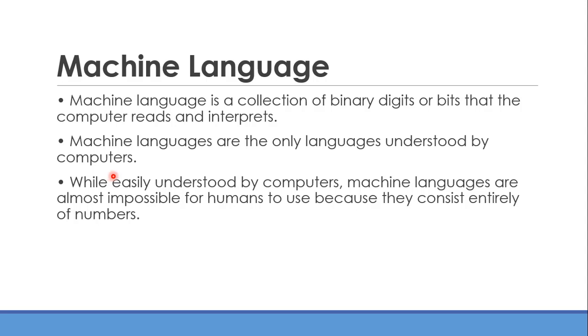So always remember that the only thing a computer understands is machine language. While easily understood by computer, machine language is almost impossible for humans to use because it consists entirely of numbers. So what the computer can read is only machine language, which is 0 and 1.